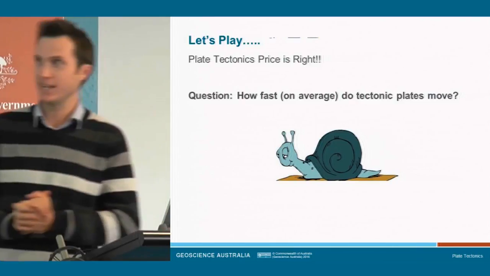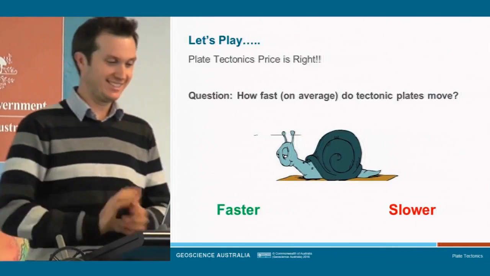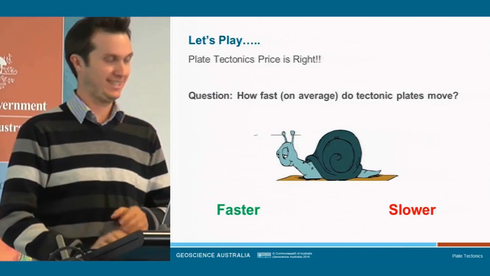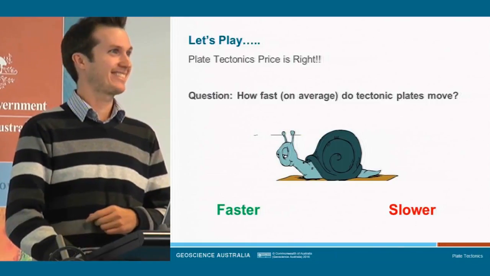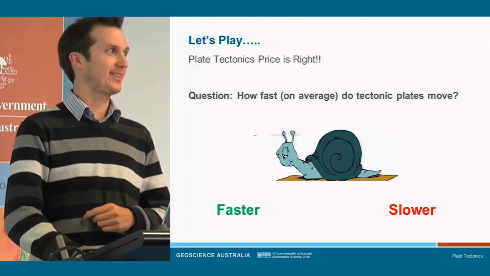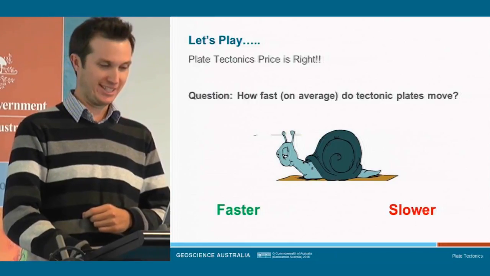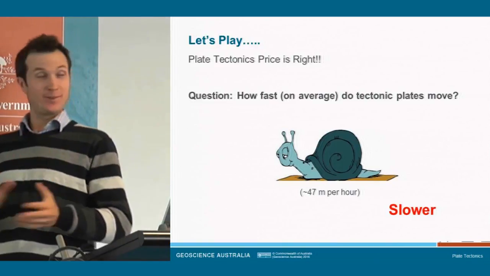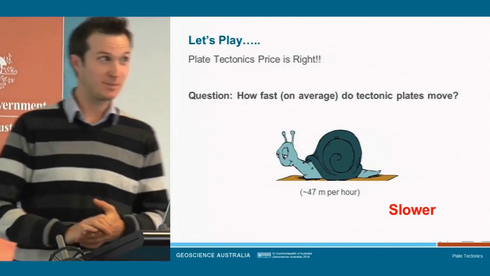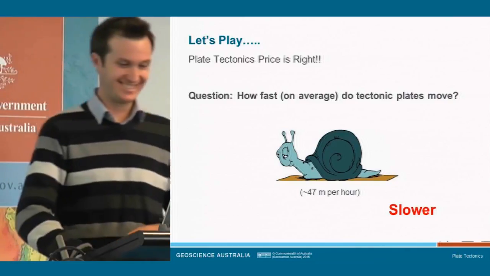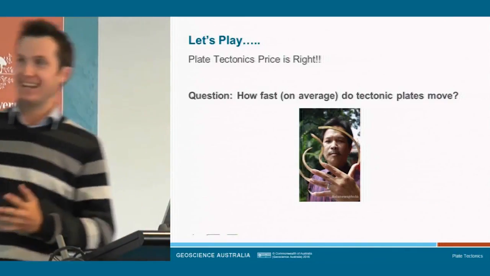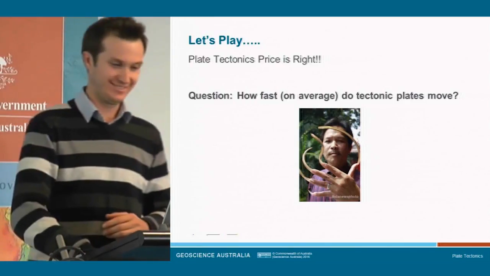How about a snail? Again, do you think they move faster or slower than snails? Snail pace. Great, red's the overwhelming majority there. Snails actually move on average around 47 meters per hour. That's pretty quick, right, for snails? Okay, how about how fast your fingernails grow?